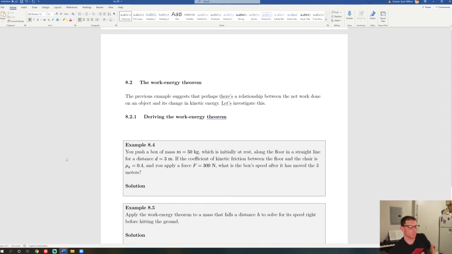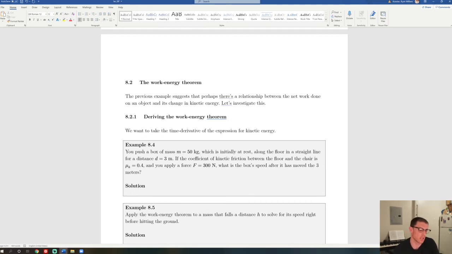So what we want to do is take the time derivative of the expression for kinetic energy. But before we do that, let's get a little mathematical tidbit out of the way.